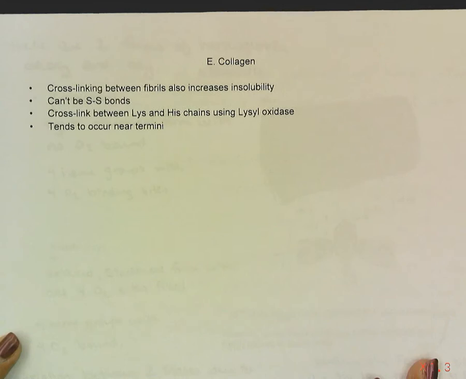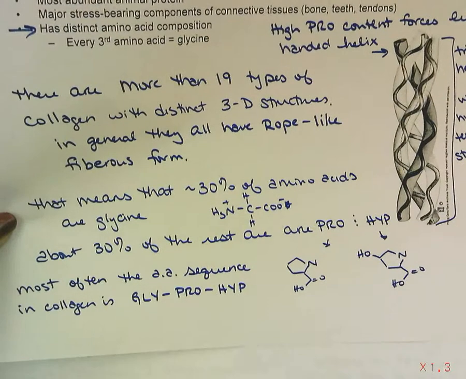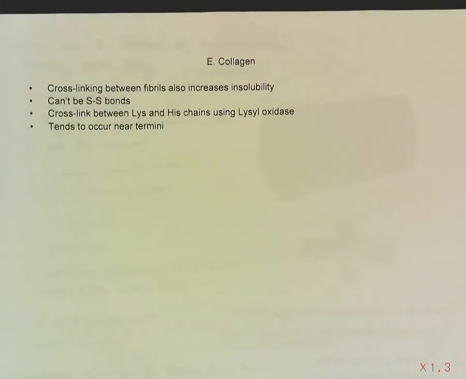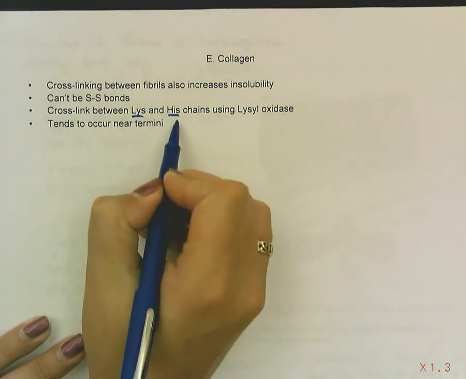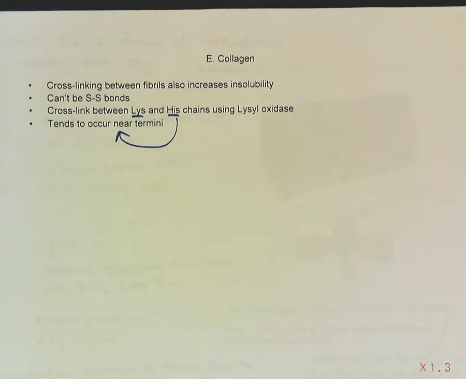So what we're going to do is cross-link between lysine in some chains and histidine in other chains, which is why it's not exactly always the same. I said typically glycine, proline, hydroxyproline. There are some lysines and histidines that sneak in there. And these lysines and histidines tend to occur at the end of the chains.